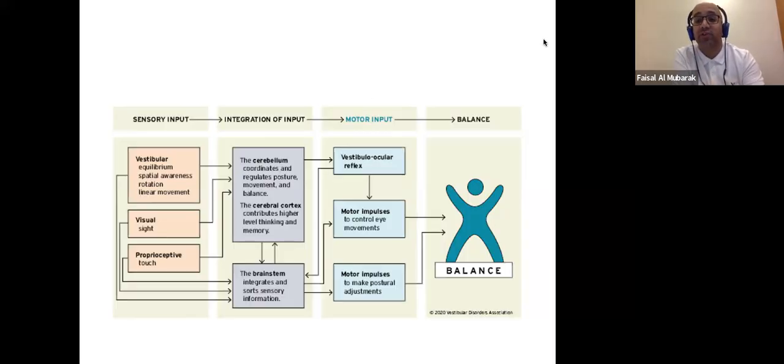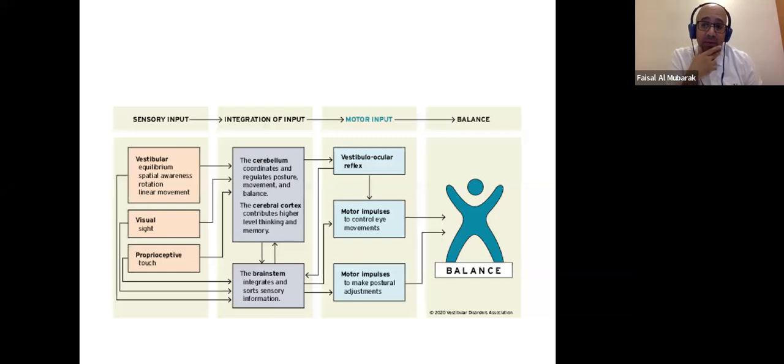We'll talk later about how the vestibular system detects this motion. What I want you to know now is that we have 3 sensory inputs: vision, proprioception, and the vestibular system.